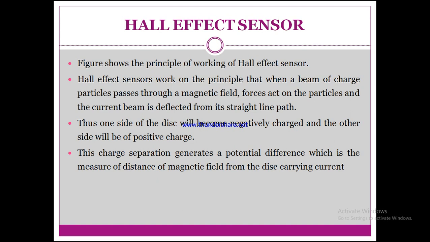Thus, one side of the disk will become negatively charged and the other side will be of positive charge. This charge separation generates a potential difference, which is a measure of the distance of the magnetic field from the disk carrying current. This is how the Hall effect sensor works.